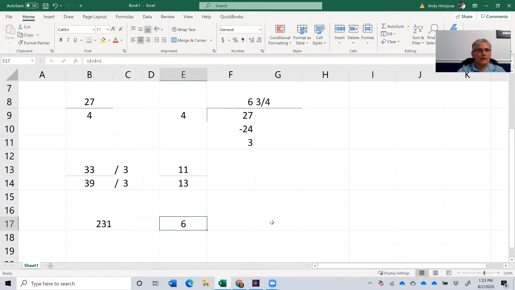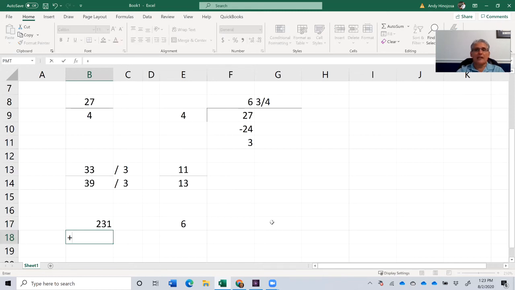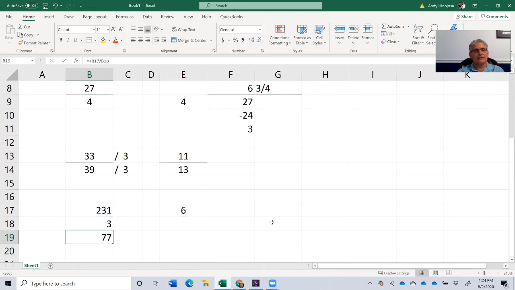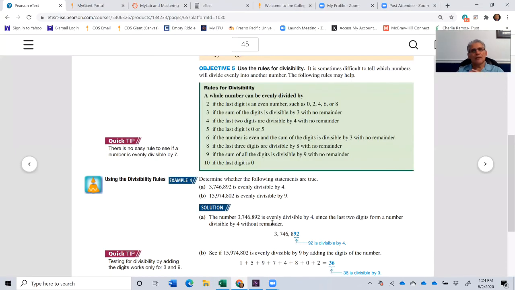So therefore, that would suggest that this 231 can be divided by 3. And it can be divided by 3 evenly, so that you'll end up with no remainder. So 231 divided by 3 is 77. And there's no fraction, it just worked out perfectly. So that's an example of what we mean by the sum of the digits.